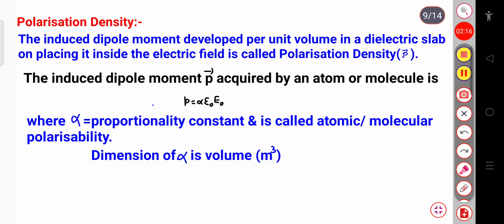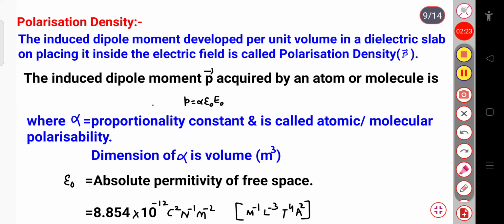The dimension of alpha is volume, that is meter cube, and epsilon naught is the absolute permittivity of free space, with value 8.854 into 10 power minus 12 coulomb square Newton inverse per meter square, and its dimensional formula is M minus 1 L minus 3 T4 A power 2.